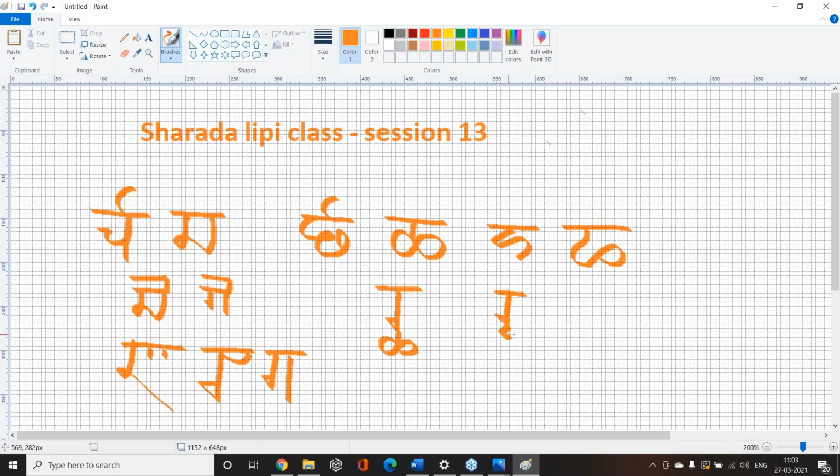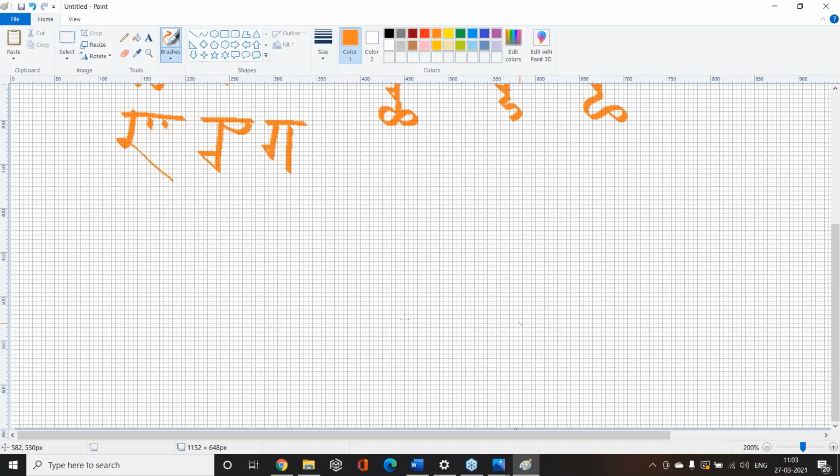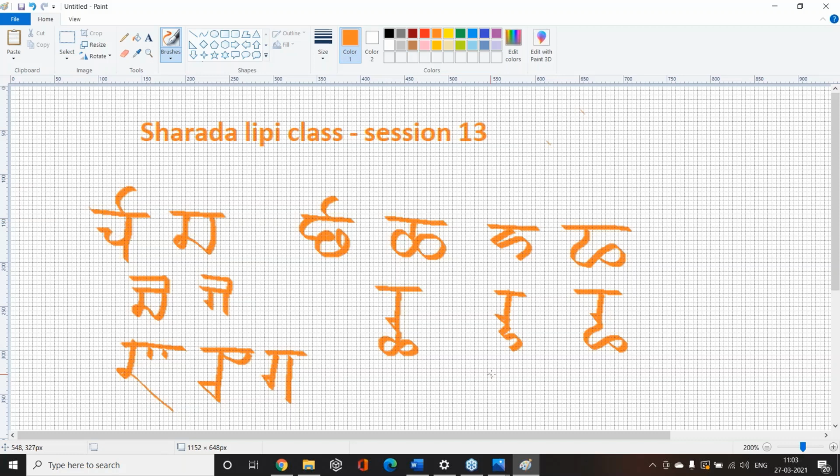Now we have letters that do not have any Shirorekha. For example, pa. Then we have ma. Then gha. So these letters that do not have Shirorekha will also follow the same rule as these, which are touching the Shirorekha just once.